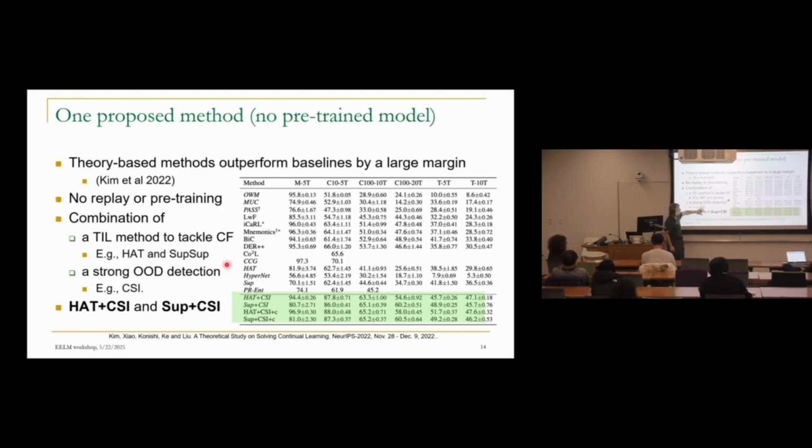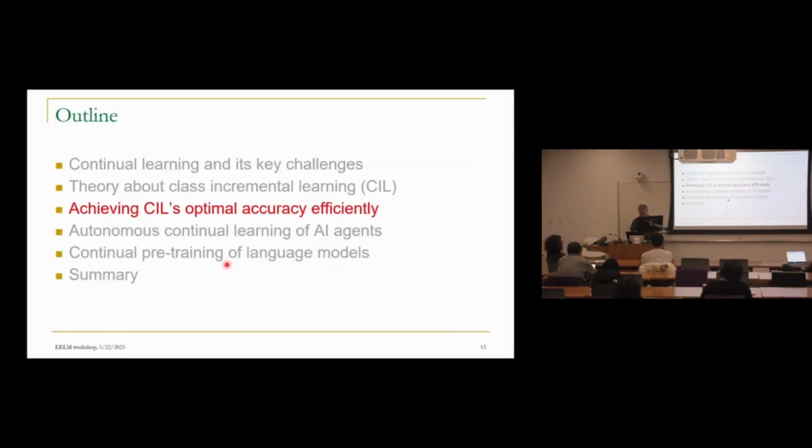This CSI is one of those pretty good out-of-distribution detection models. So essentially, we use HAT plus this and this plus CSI. Those algorithms are parameter isolation algorithms that learn a subnetwork.